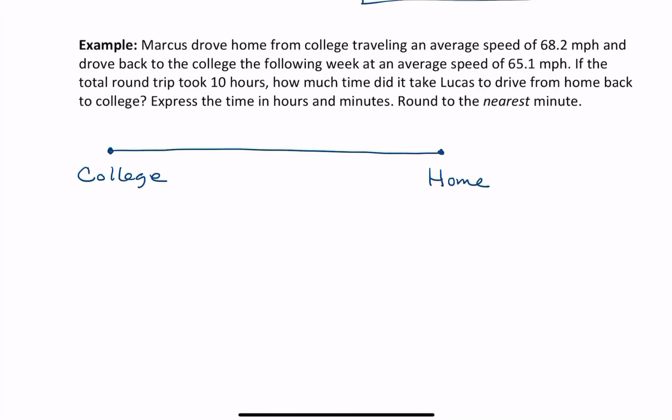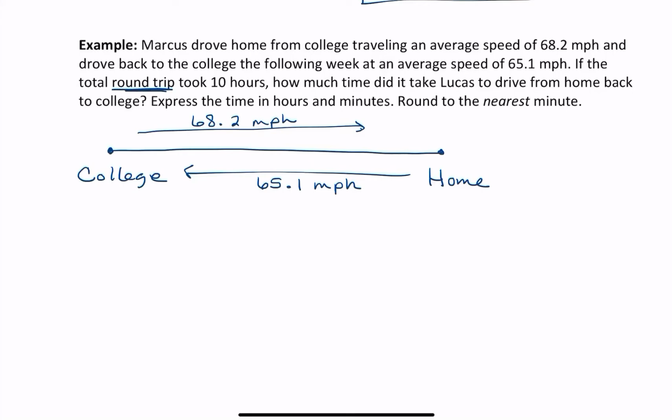And they tell me that Marcus drove home from college, so this direction, at a rate of 68.2 miles per hour. And then his return trip to college was 65.1 miles per hour. They also told me that the round trip took 10 hours.